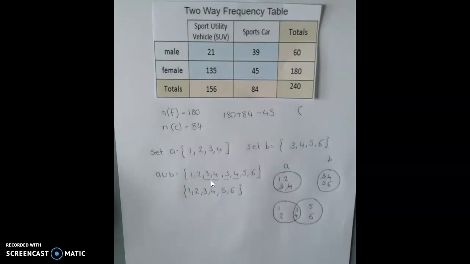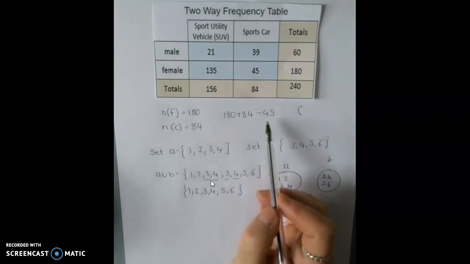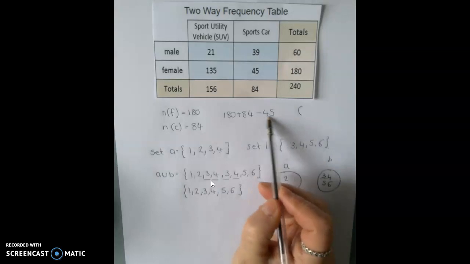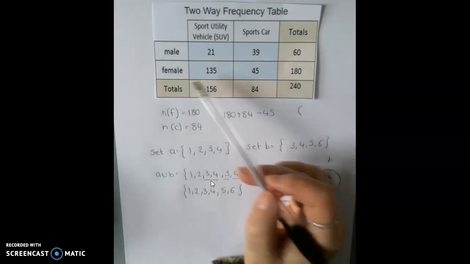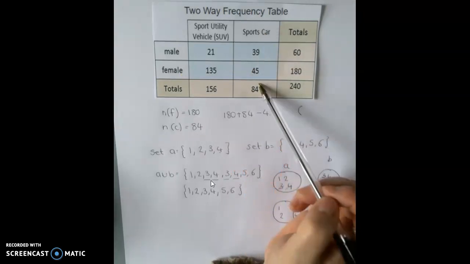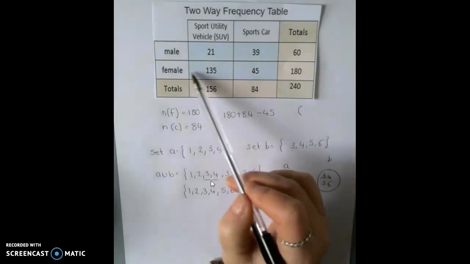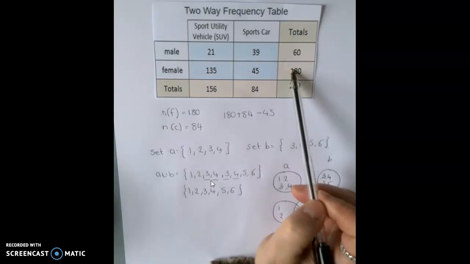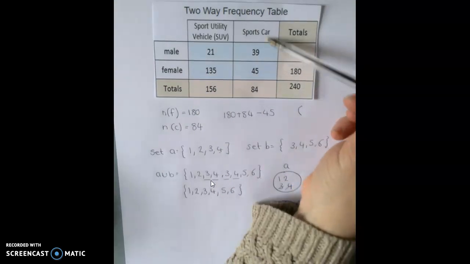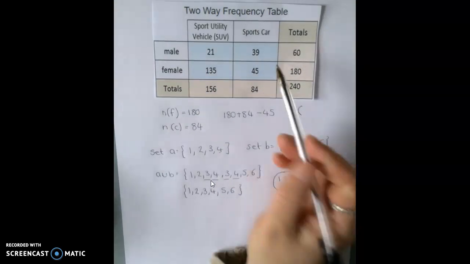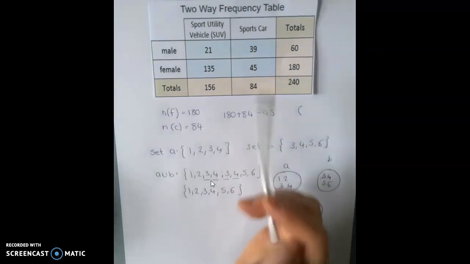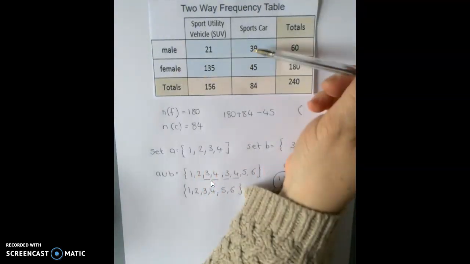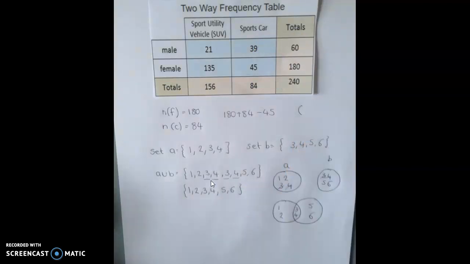We only write 1. So the reason why we take away the 45 is because we've already counted the females who like the sports cars by counting all the females in this row and all the sports cars in this column. As you can see, we'll have counted the 45 twice, once on this row and once on this column.